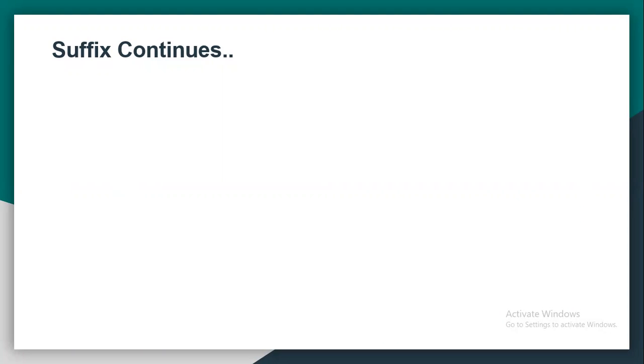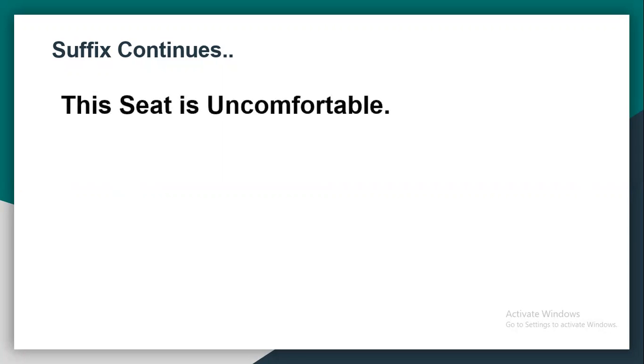And moving on to a practice of both prefixes and suffixes. So here we have the sentence, this seat is uncomfortable. Can you see a prefix? Yes, you do. What is it? Un. Can you see a suffix there? Yes, you do. It is able.